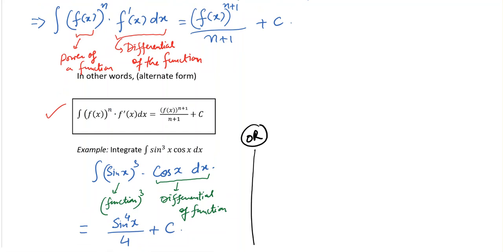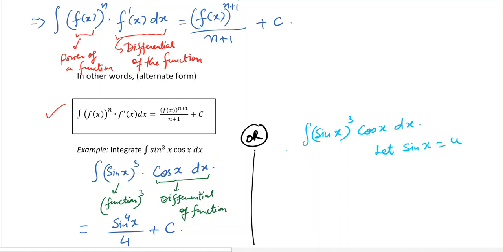Or you can do the same problem by writing all the steps that you need for substitution. So the other way of doing this problem is, we know that here the inside function is sine x and the outside function is the power function. So let the inside function be u. We write du over dx would be cos x, so cos x dx is equal to du.